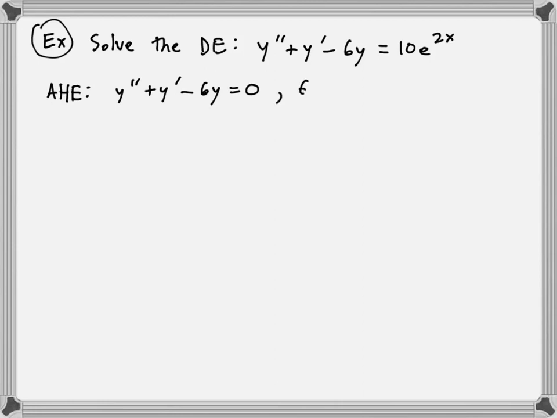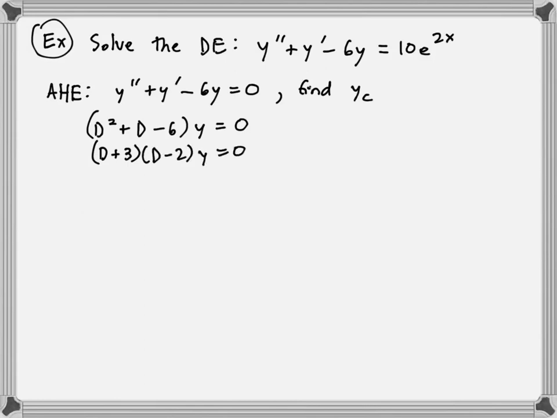So what we're going to do is find yc. Okay, how do we find yc? Remember, we've got to write out this guy. This is really d squared plus d minus 6 times y is equal to 0. Or we can factor this. This factors into d plus 3 times d minus 2 times y is equal to 0.